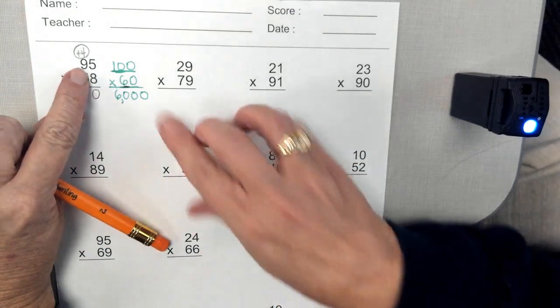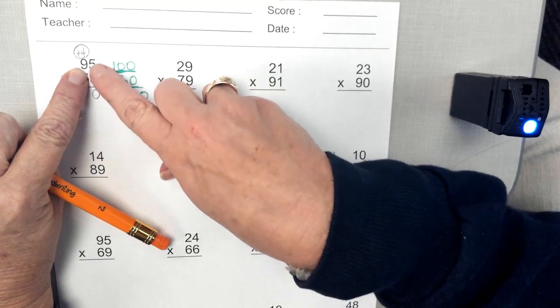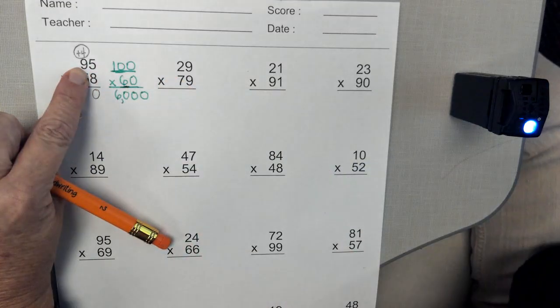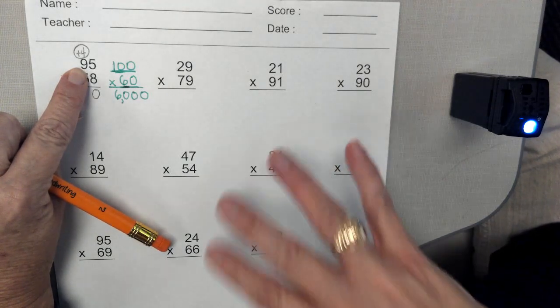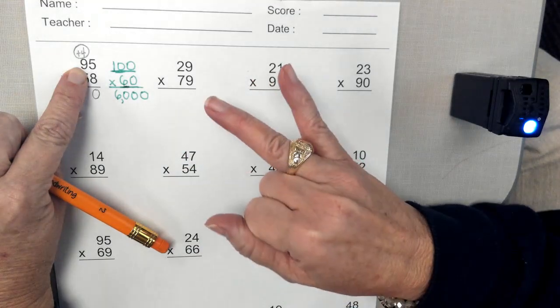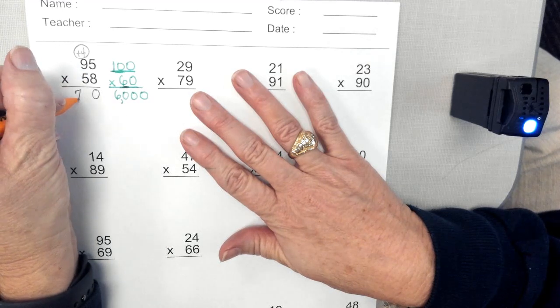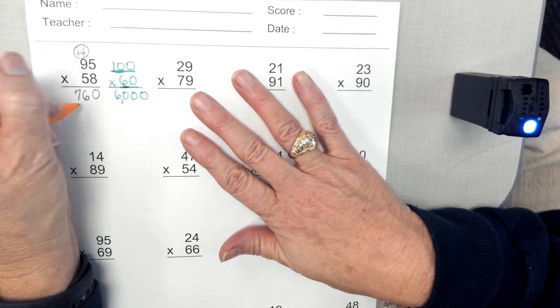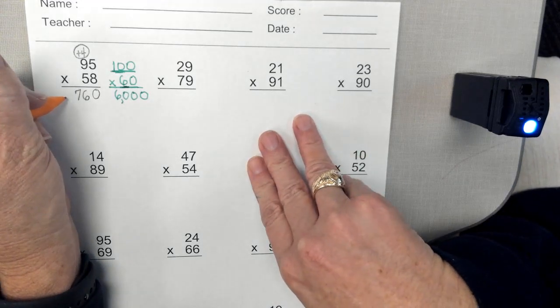The next thing I'm going to do is multiply 8 times 9. And 8 groups of 9 is 72. And if I add in 4 more, that's 73, 74, 75, 76. So that gives me 76. And so my first partial product is 760.